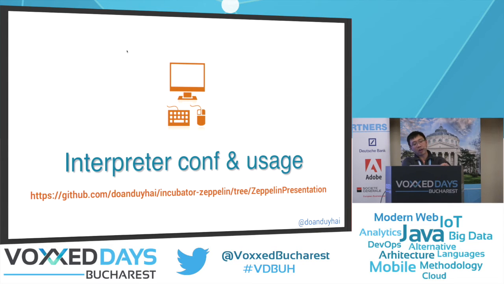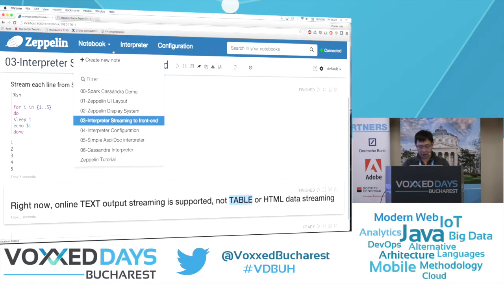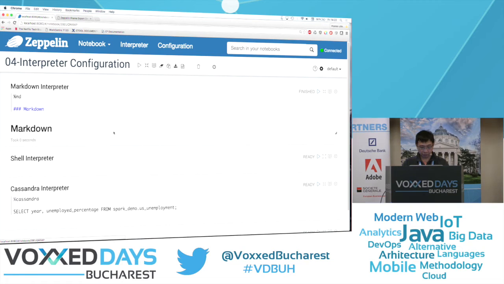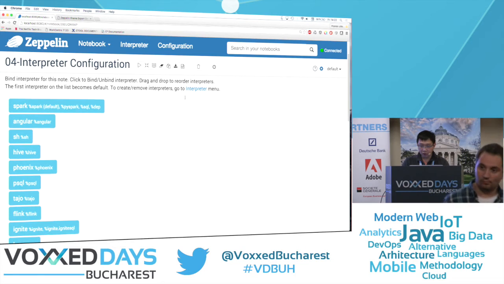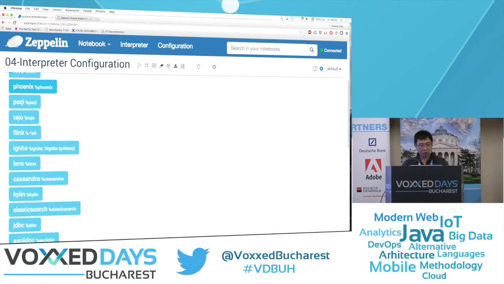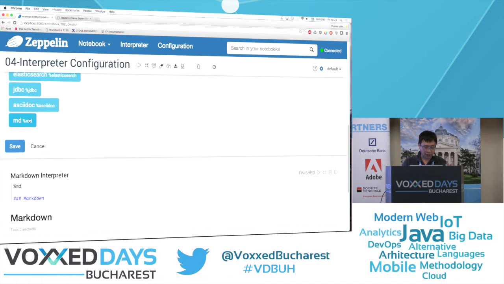How can I configure my interpreter? And how can I use it? So here on the note, if you click on this gear icon, you can see a list of all available interpreters. Okay, I have Spark, Angular, Shell, and so on.